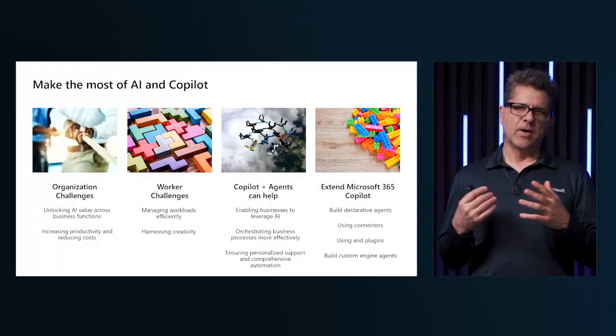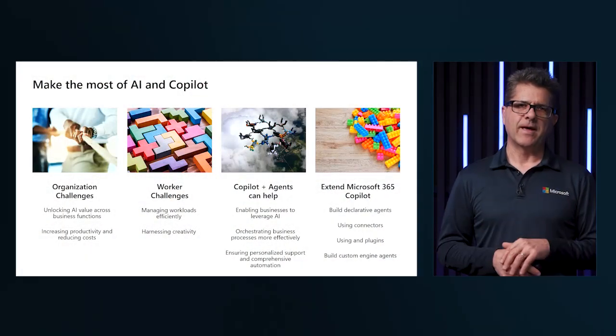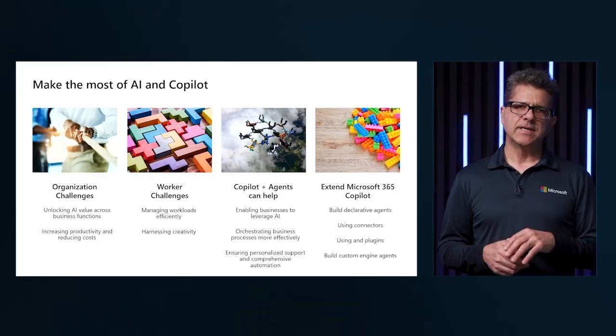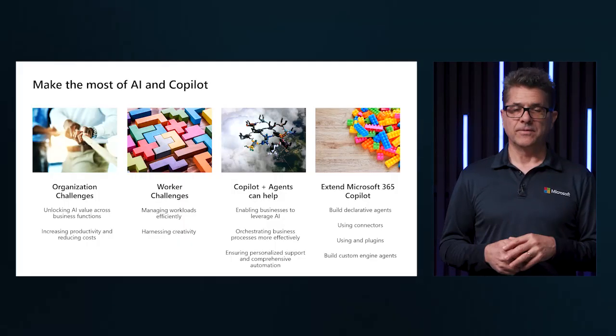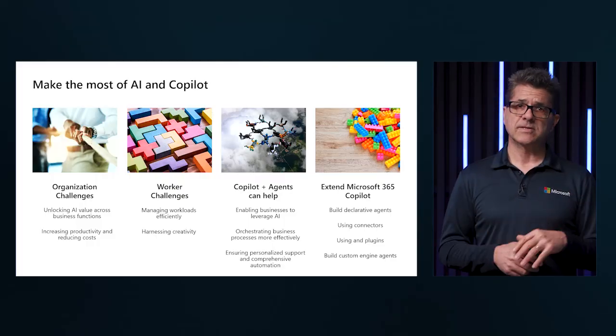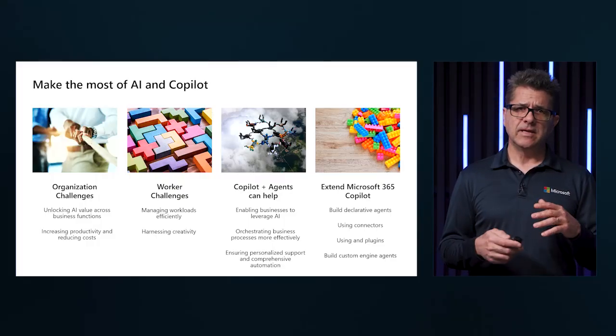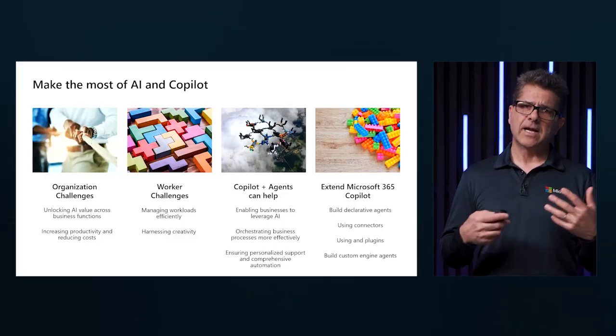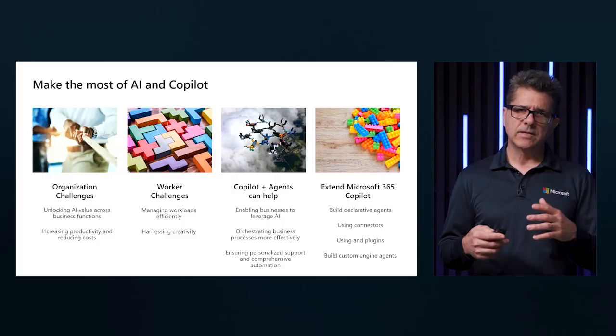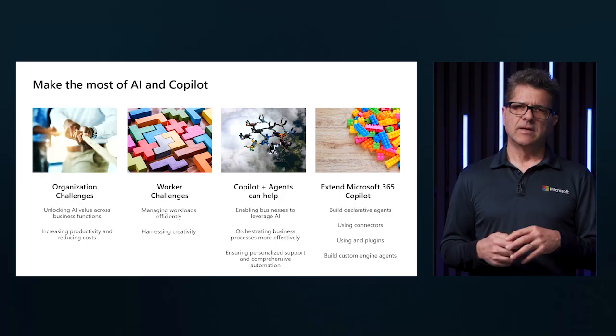So in summary, from this first learning path, we noticed that organizations face challenges in unlocking AI value. And that's common across the board. So increasing productivity and reducing cost, that's exactly what they want to be able to do. So workers sometimes struggle with managing workloads.